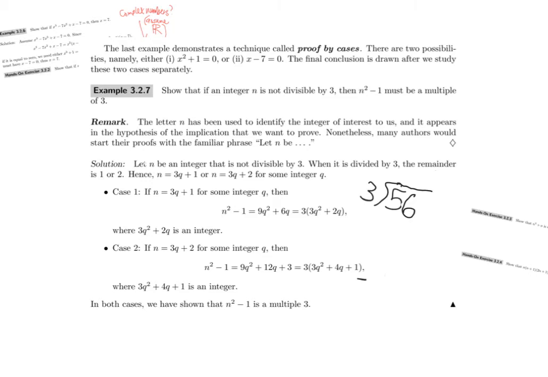And if we try 56 divided by 3, 3 goes into 5 once. 5 minus 3 is 2. 3 goes into 26 8 times. 26 minus 24 is going to be 2, which means we have a remainder of 2. Now we do 57 divided by 3.